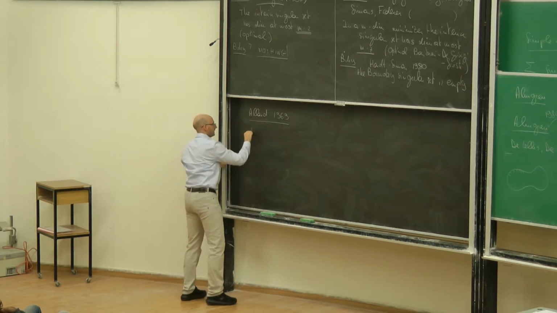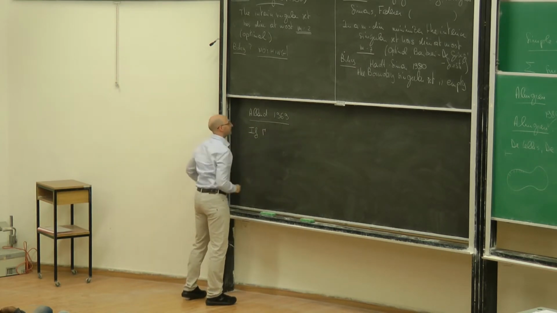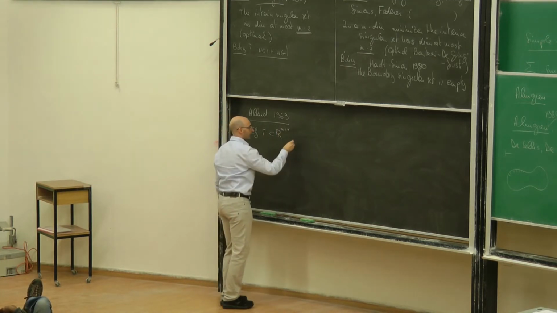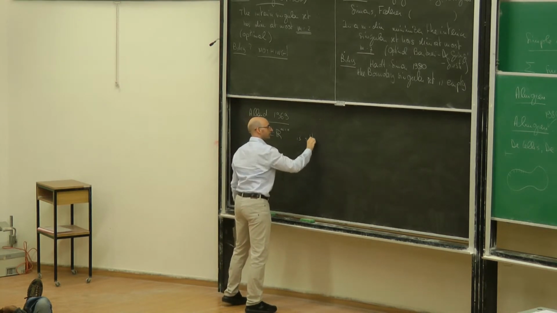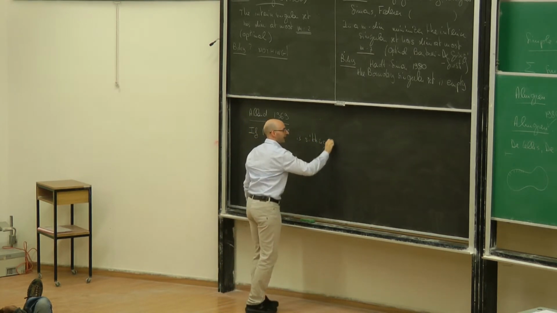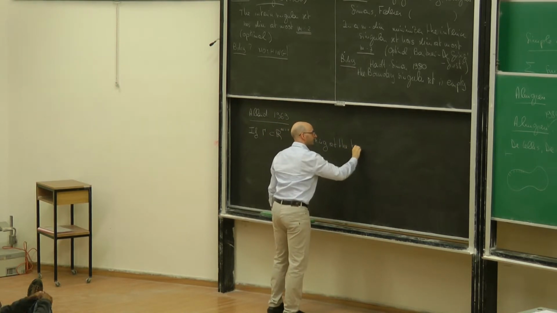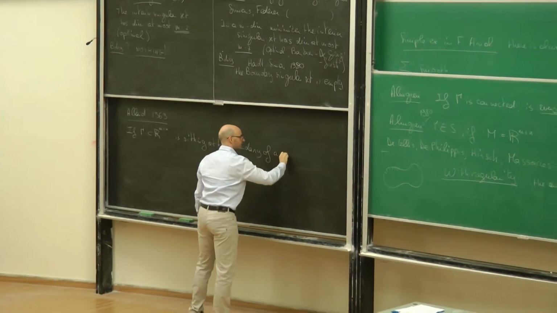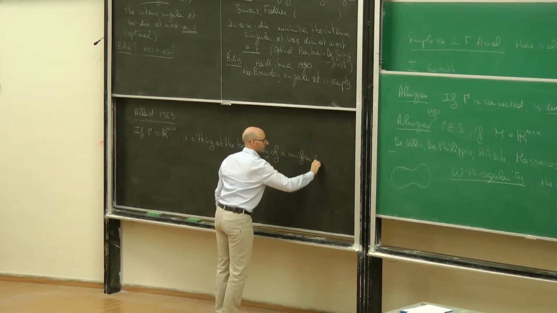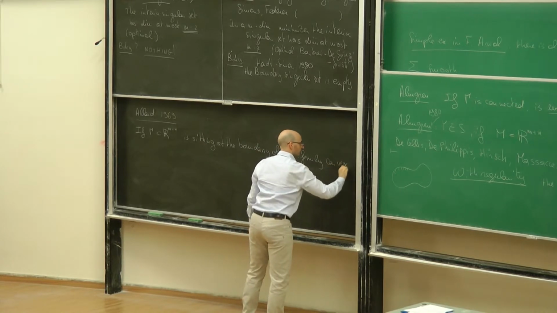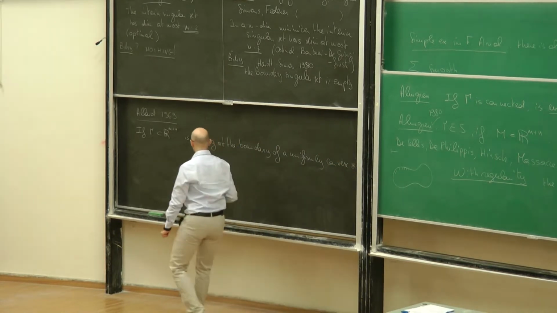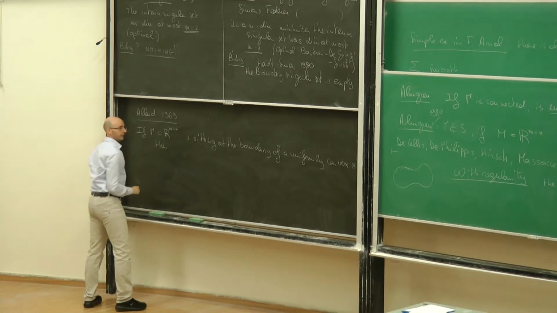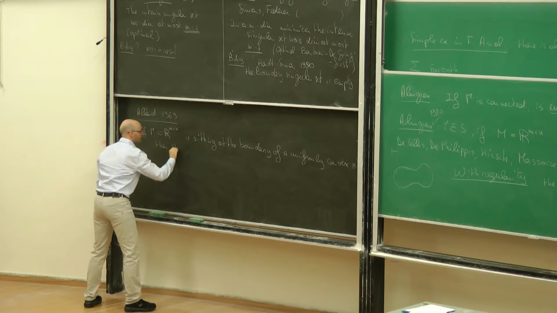So if gamma is in R^(m+n) and is sitting at the boundary of a uniformly convex set, then there are no boundary singular points.